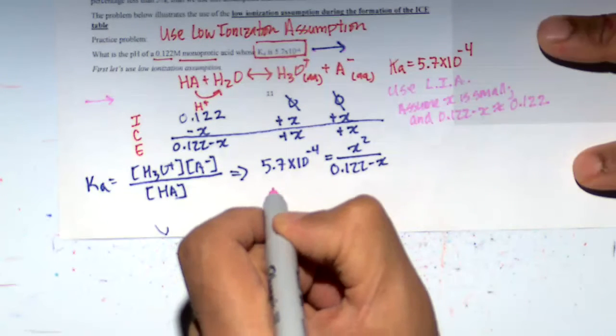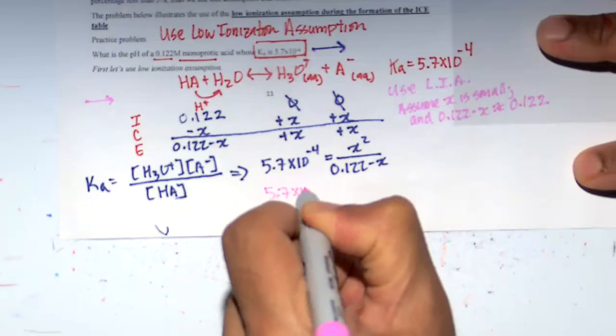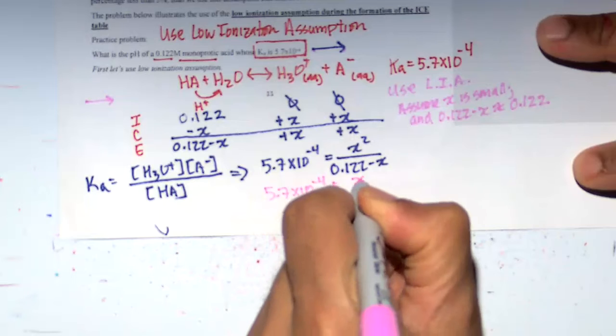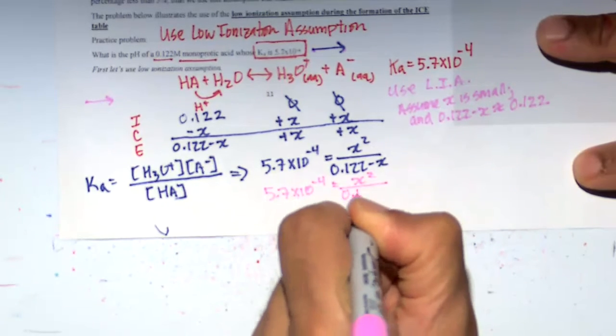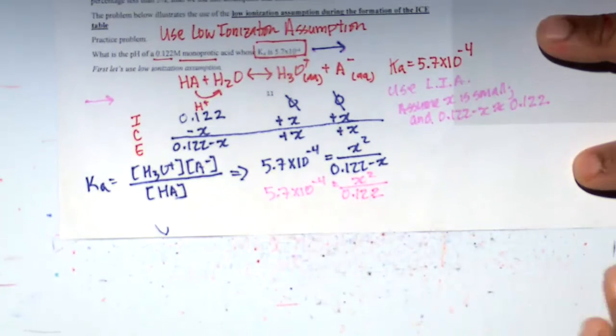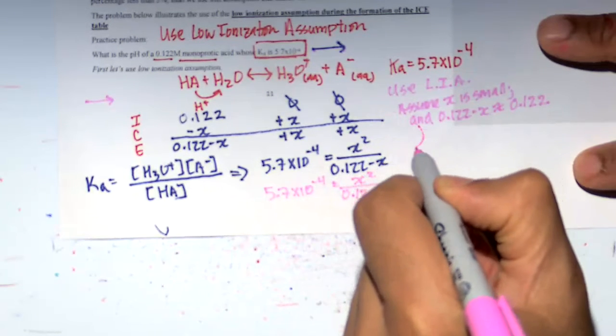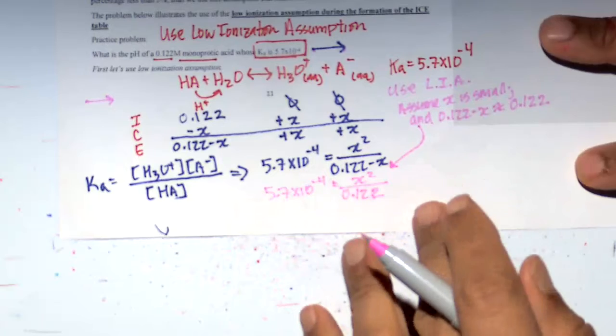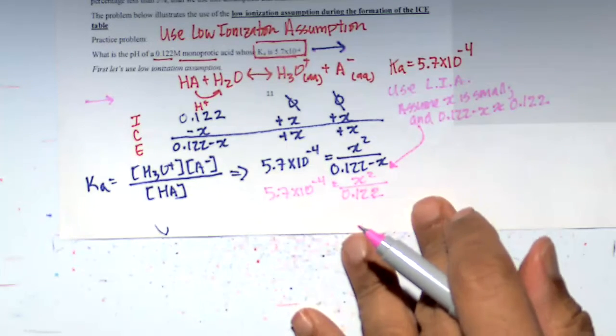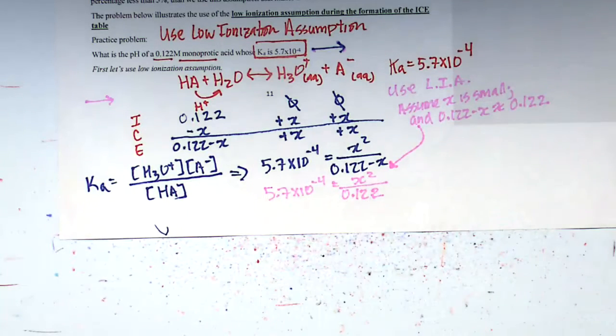So using this assumption, we have 5.7 times 10 to the minus 4 is equal to x squared divided by 0.122. Okay, this will save us a lot of headache and hassle. I'm going to use the next page here.